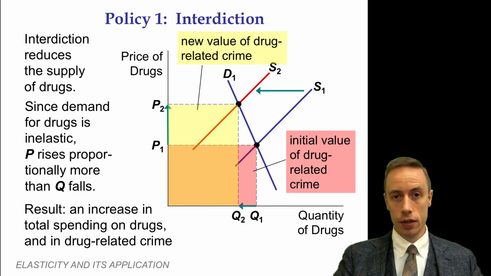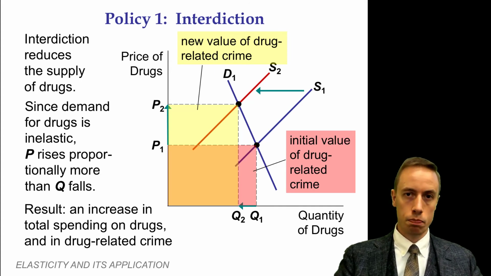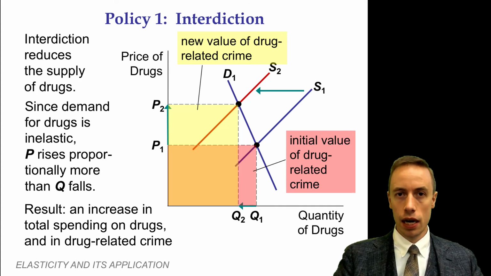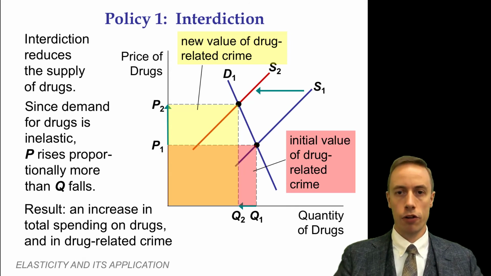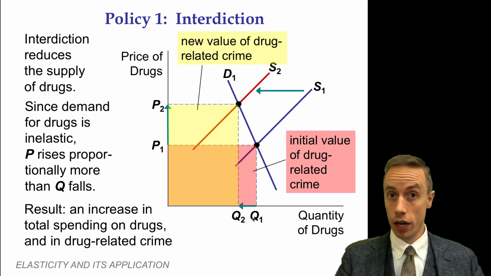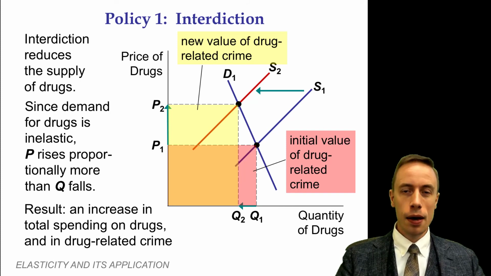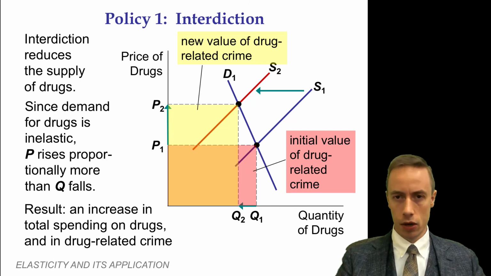And that is a classic example of a policy that has both an intended and an unintended consequence. So the intention of reducing the supply of drugs is to reduce drug use. Let's look at the quantity axis. Indeed, we have less drug use. The intended outcome is achieved. But there's also an unintended outcome.